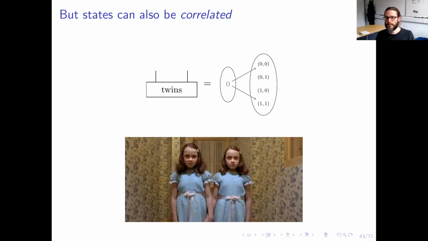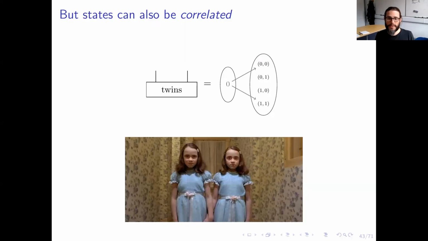I don't know what either of those bits are, but I know that they're the same. So there are 2 possibilities: either I have 0, 0, or I have 1, 1. That's a state of knowledge about 2 bits which doesn't separate into 2 pieces. It's something that's spread across both.